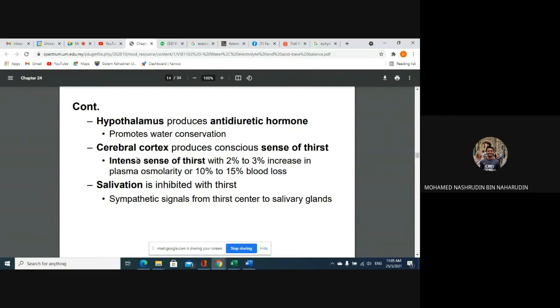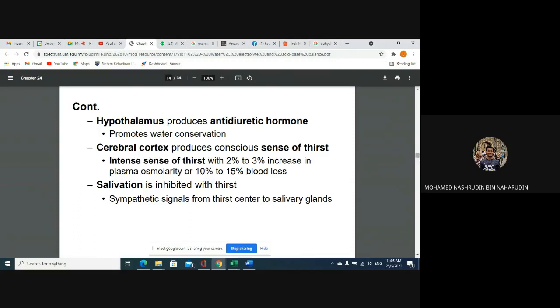Salivation is also inhibited with thirst. When there is a lack of water in the body, the cerebral cortex will make less salivation happen, meaning your mouth will be dry.